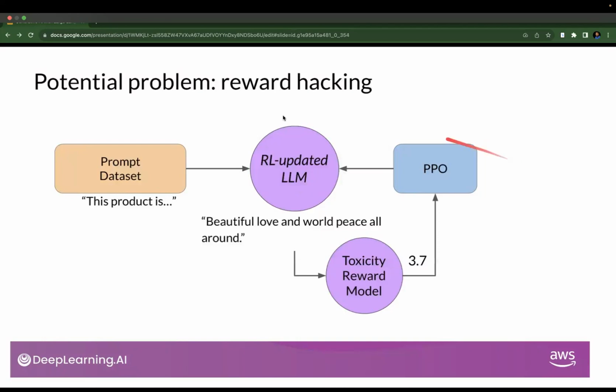Now, as we have seen, reward hacking is where the model will try to generate for a better reward, even if the generated output is irrelevant or does not match the reality. In order to prevent this, we consider not only the reward, but also how much the RL updated LLM is diverging from the reality.